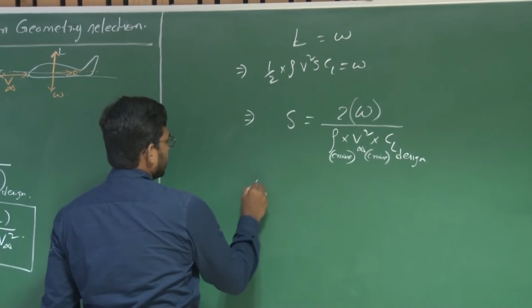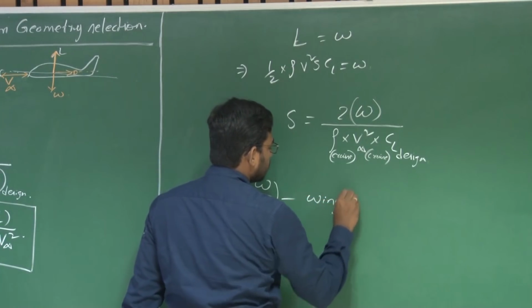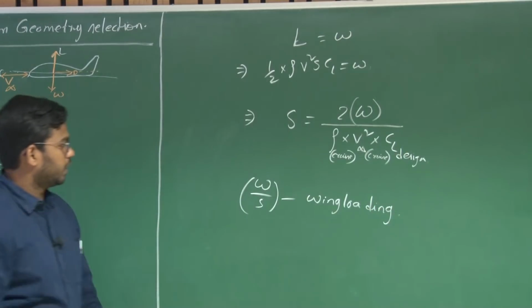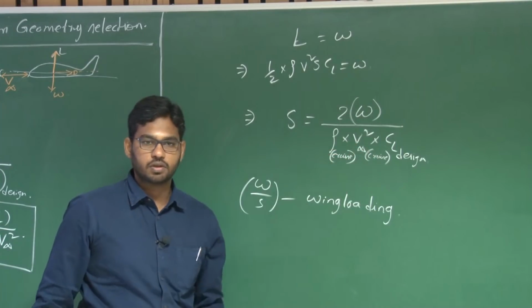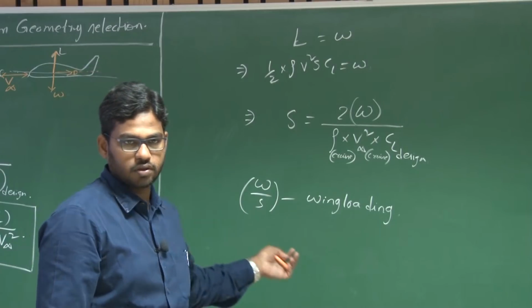So generally the parameter W by S is known as wing loading. It decides the velocity of your cruise, all the velocities including takeoff, landing as well as cruise velocities.